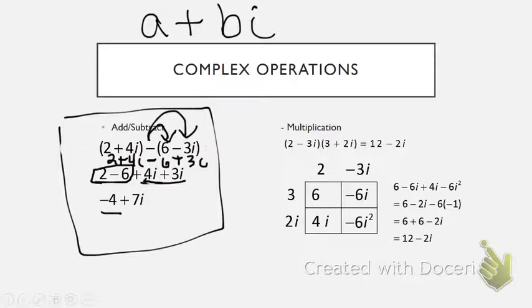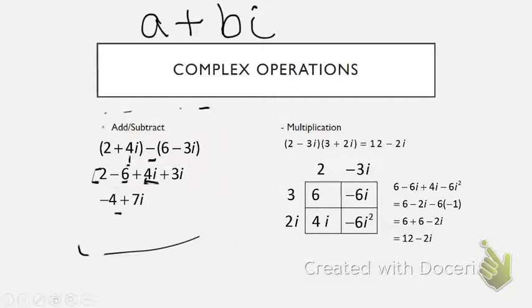Make sure you understand that this is a positive 6 right here. When you multiply a negative and a positive, it's a negative. Signs are tricky, and even I get them confused, clearly, even though I've done the work. So that is how we add and subtract imaginary numbers, all right? If you need more practice on that, please let us know. We'll give it to you.